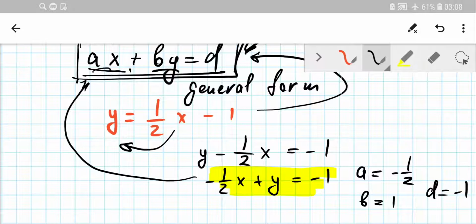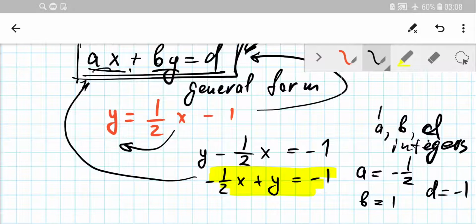But sometimes of course you need to read your word problem carefully, your tasks dedicated to general form. You might need your a, b, and d to be integers. What does integers mean? Whole numbers, right?